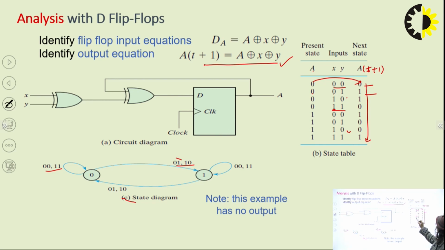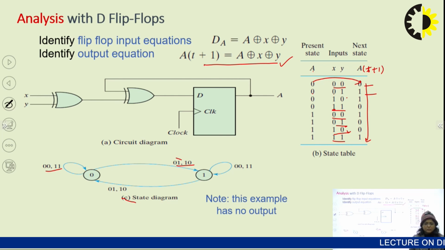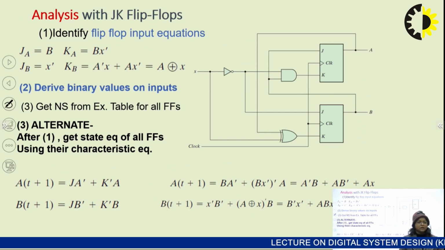For present state 1 and next state 1, inputs may be 0 0 or 1 1, and for 1 to 0 there will be 0 1 or 1 0. So this is a simple state diagram with only inputs and there is no output. Now use another flip-flop, that is the JK flip-flop.